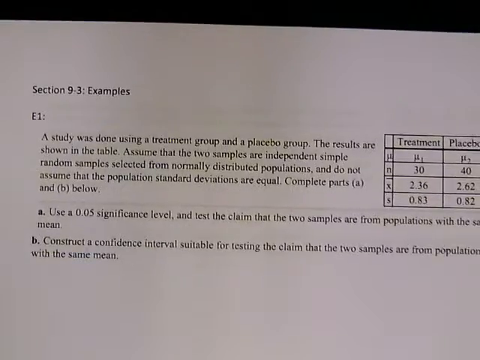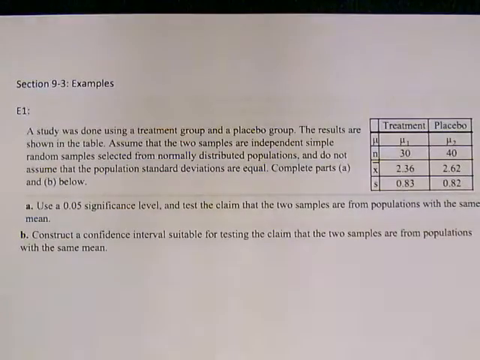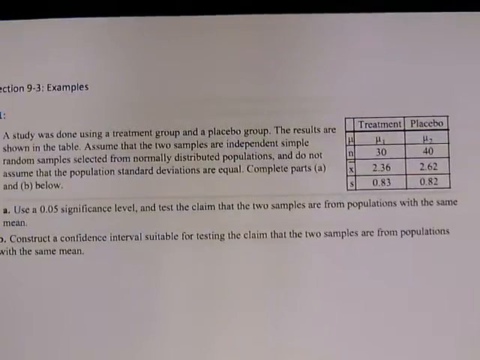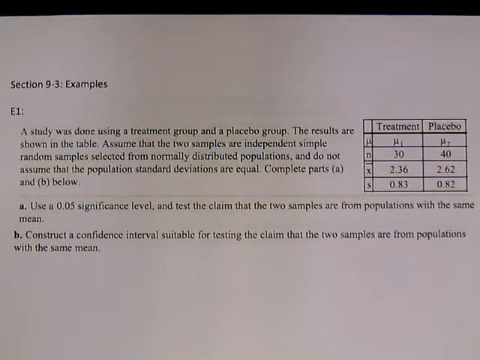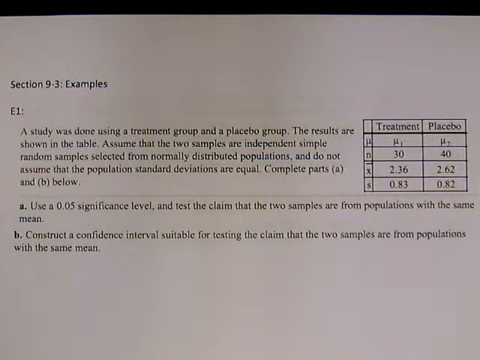I do have my examples here. Alright, in this case here, a study was done using a treatment group and a placebo group. The results are shown in the table.